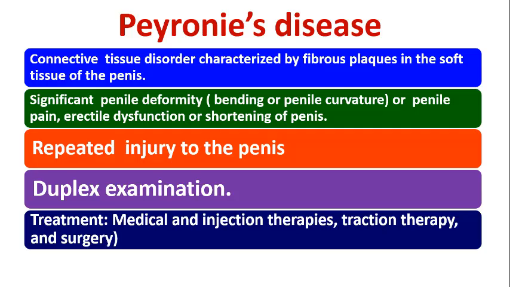Peyronie's disease. Peyronie's disease is a connective tissue disorder characterized by formation of fibrous plaque in the tunica albuginea of the penis, and this fibrous plaque can extend into the corpora cavernosa and the corpus spongiosum.